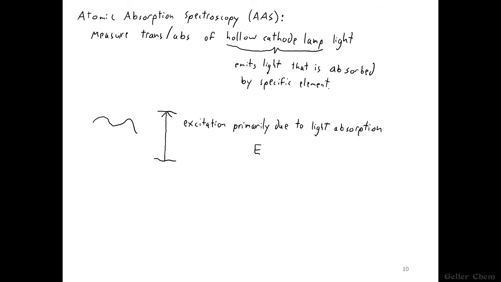The energy of the light must be equal to the delta E between the levels in the atom. But these are well defined for atoms. Again, spectroscopists have already studied this. We know what lights are absorbed by different atoms. And so we design those lamps to only emit those particular lights for that particular element.